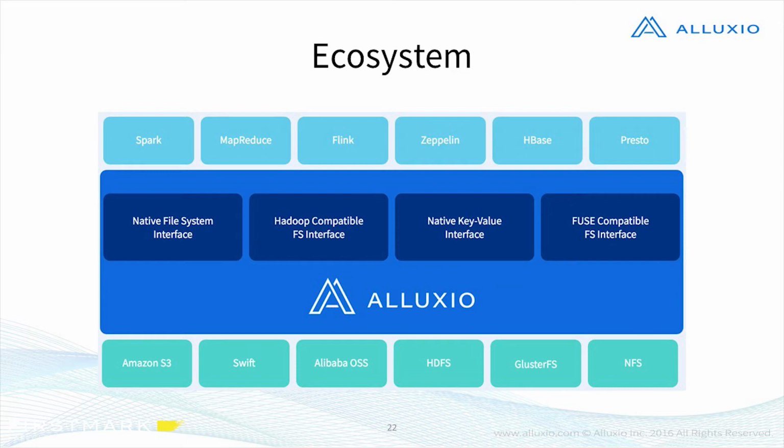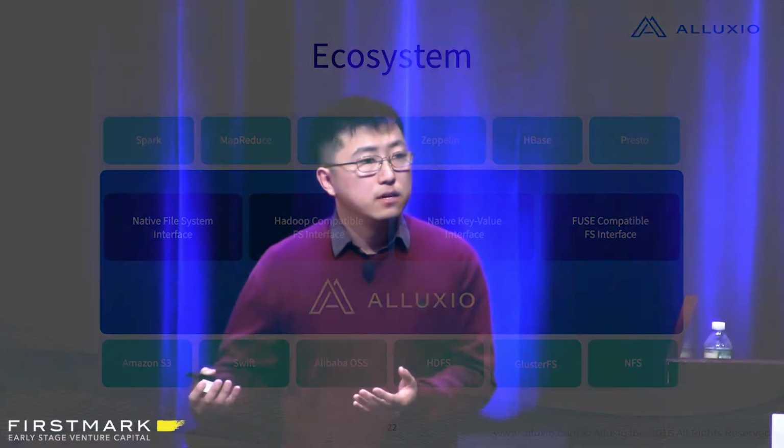On the other side, we have a unified namespace, which allows you to query any data from any storage system. And in the Alluxio layer, we have different APIs to make the upper layer applications' life much easier. So nowadays, if you have another application, as long as you talk to Alluxio, you'll be able to access data from any storage.